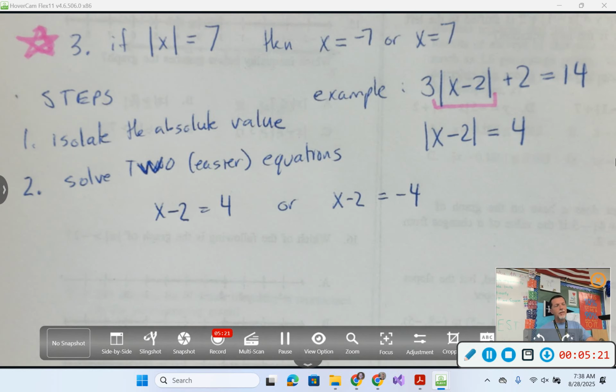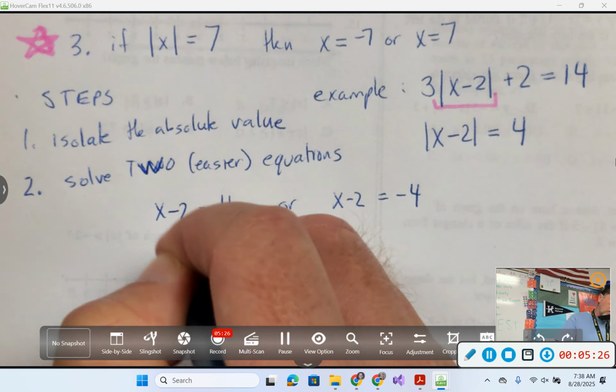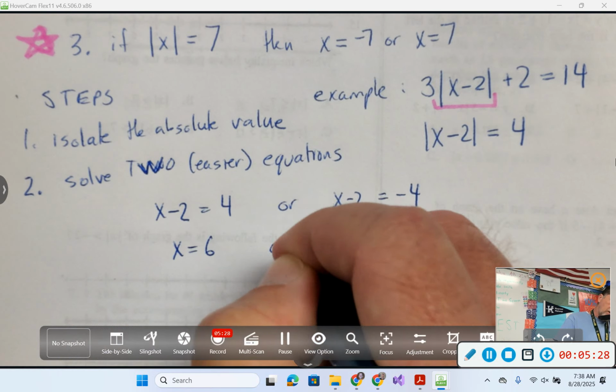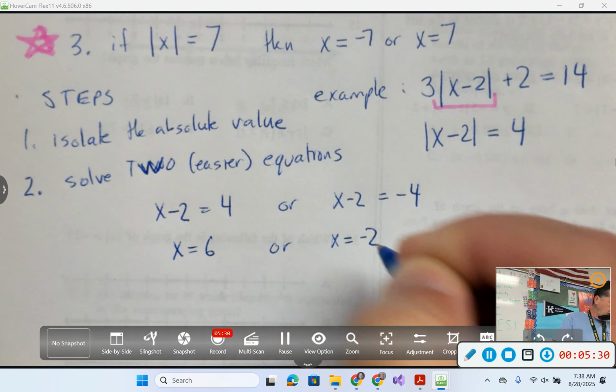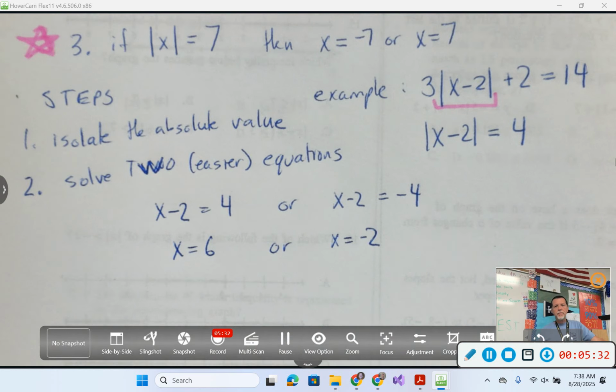And again, once you get to this step, you're solving two like algebra 1 level equations. So x equals 6 or x equals negative 2. So isolate it and then split it up.